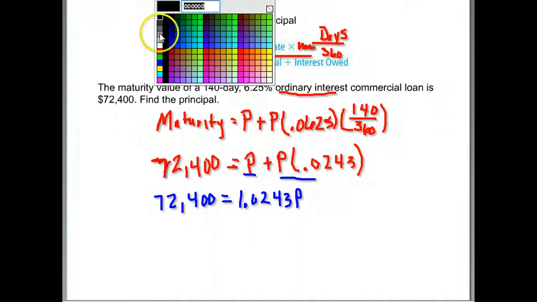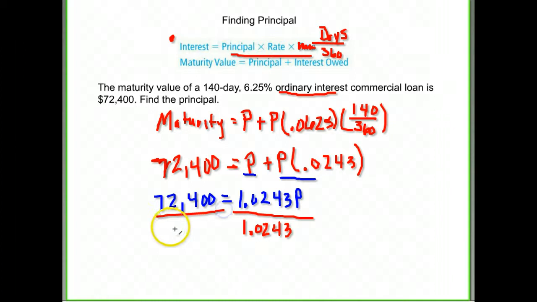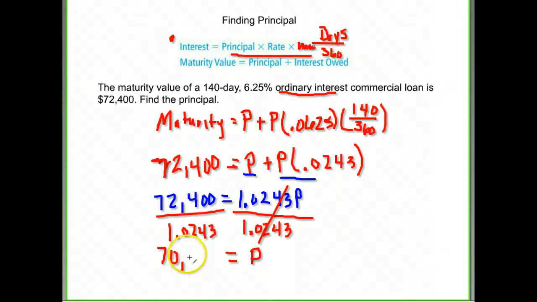Our last step here is to go ahead and divide to solve for P. So we're going to divide both sides by 1.0243. Okay, and when I do that, I find my principal amount is about $70,682.42.